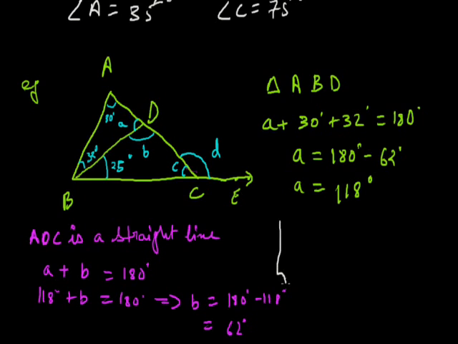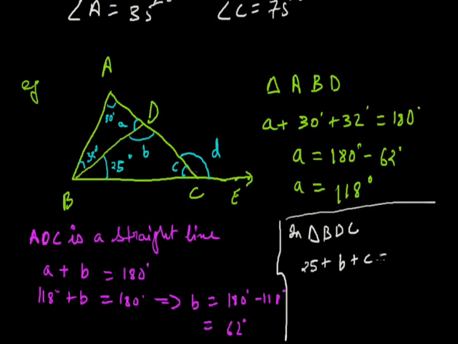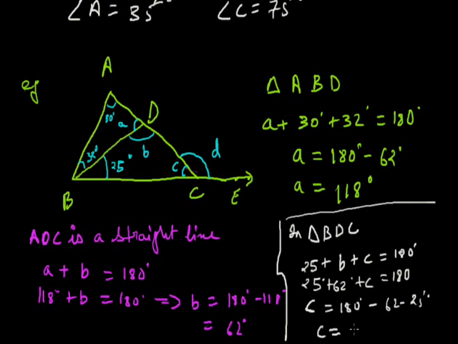Now the remaining angles are angle C and angle D. If you see the triangle BDC, 25 plus B plus C will be equal to 180 degrees, and 25 plus 62 degrees plus C is equal to 180 degrees. So angle C will be equal to 180 degrees minus 62 minus 25 degrees, that is C will be equal to 93 degrees.